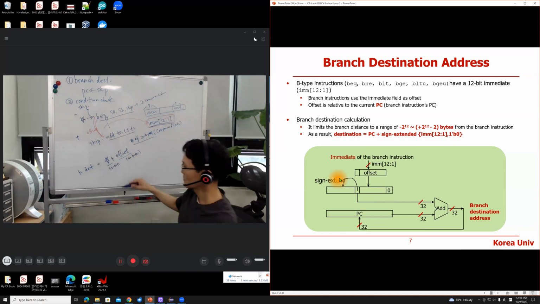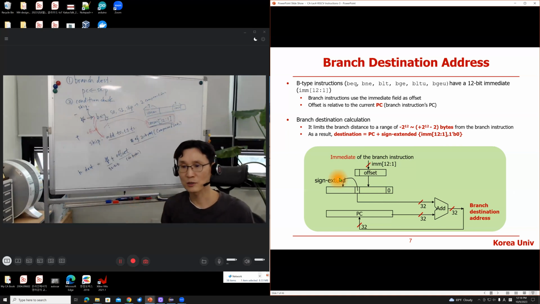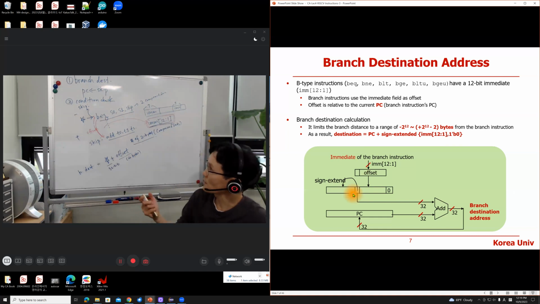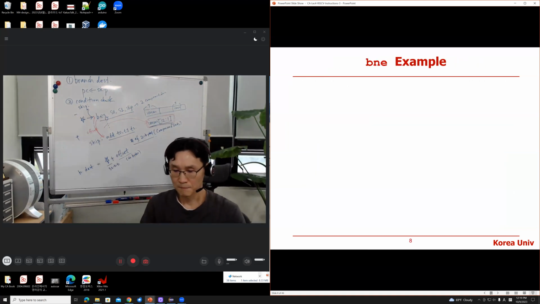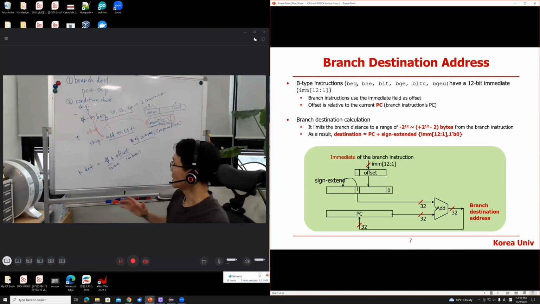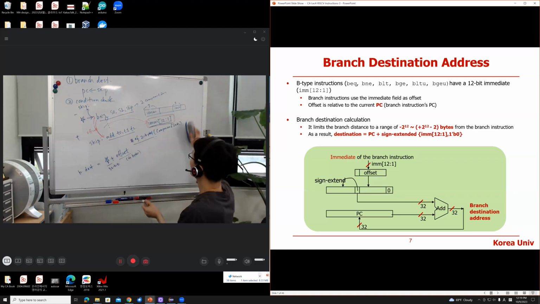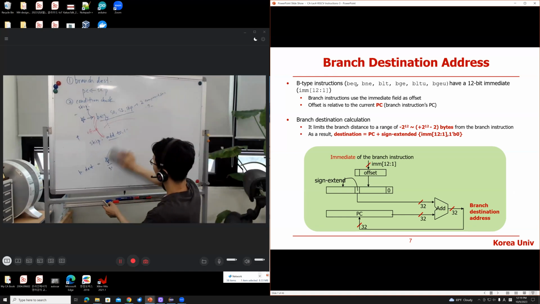The computer is using the 2's complement number system, and that information is encoded in the immediate. That is why you are doing sign extension. So the first thing is done. Then let's talk about the second operation, condition check. This one is a little bit complicated.